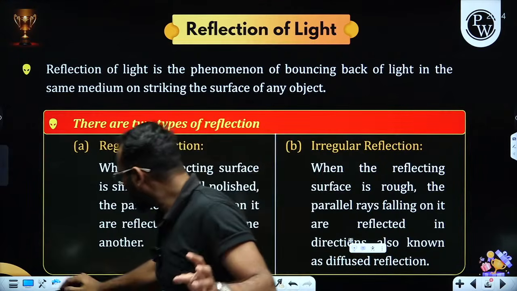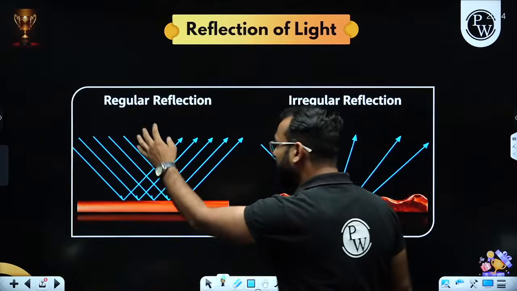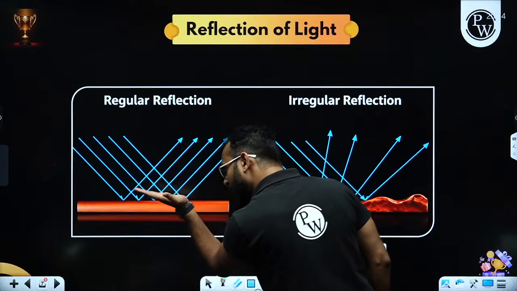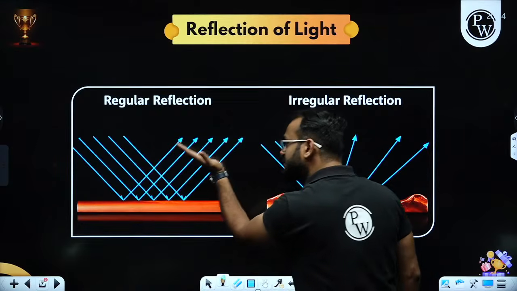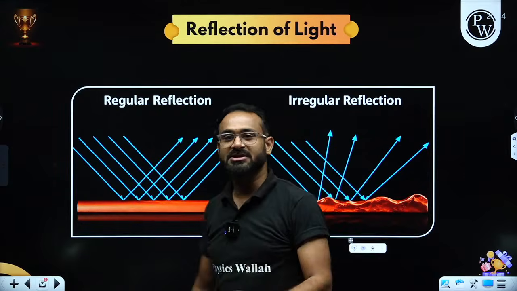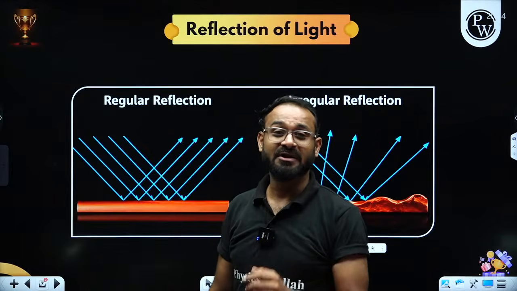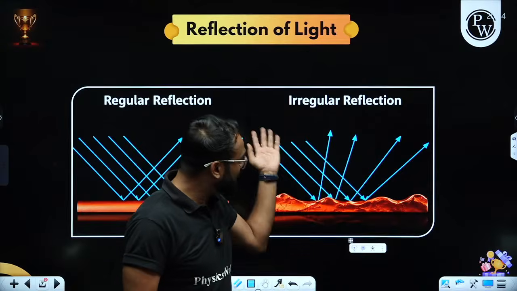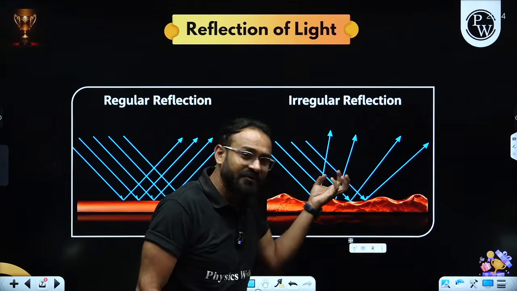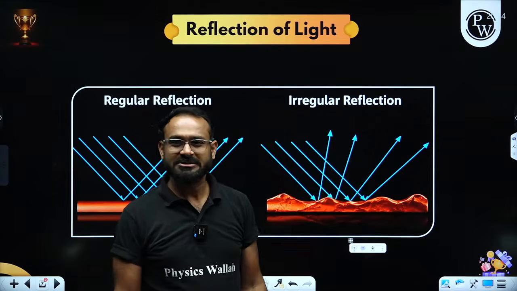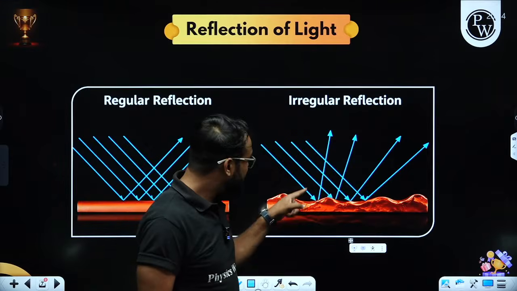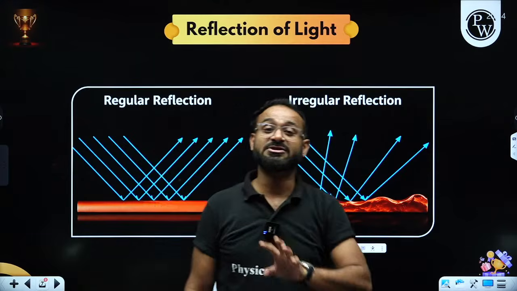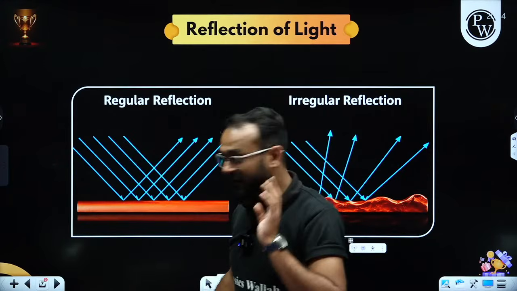In case the parallel light rays are incident on the surface of the plane mirror, they will bounce back parallel. Such reflections are called regular reflections. Whereas if the light is coming parallel, but the surface is irregular, the light will be diffused in various directions. Such reflections are called irregular reflection.